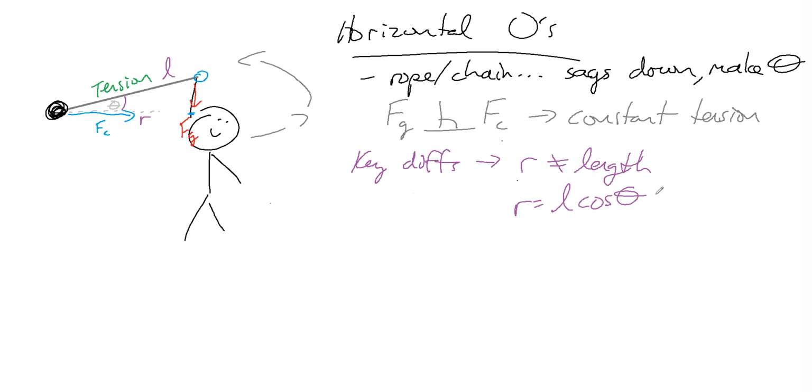Let's solve for a few different things, okay? We may as well just use the person that's right here. Suppose they are whipping around a mass, and let's say the rope is a 1.8 meter long rope, and this is a 0.65 kilogram mass.